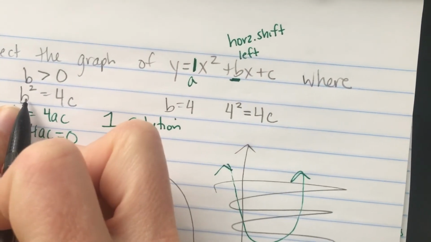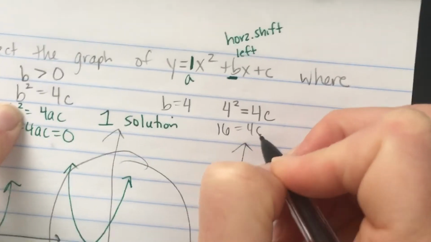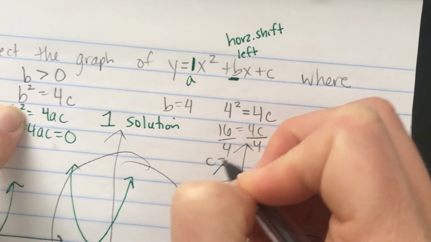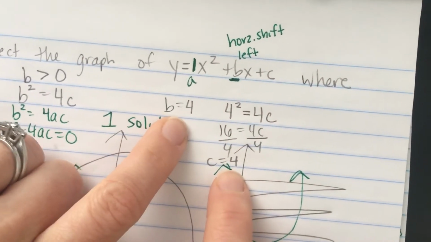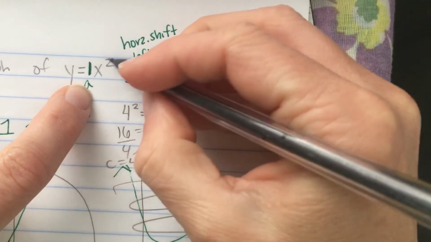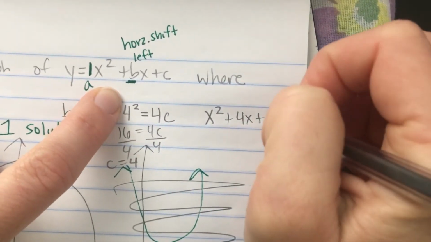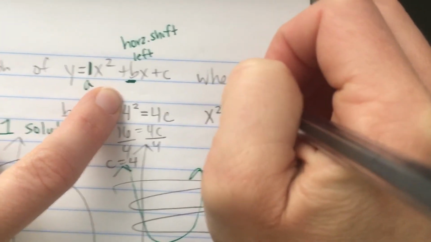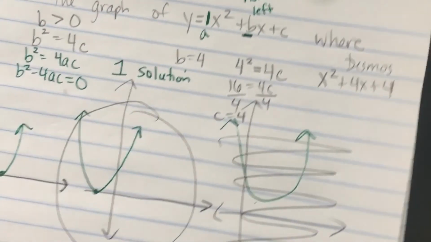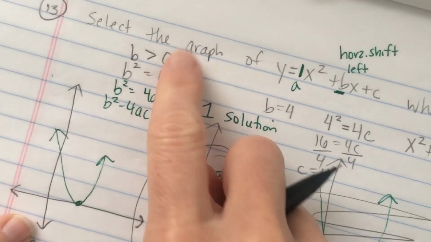I'm just seeing if I can make this work. So plug that in, and you get 16 equals 4c, divided by 4. So c would have to be 4 in this scenario. So that means I have the equation x squared plus 4x plus 4, and if you graph that in Desmos, it does look like that. And they didn't give you a number here because you could pick different values as long as it satisfies the constraints.